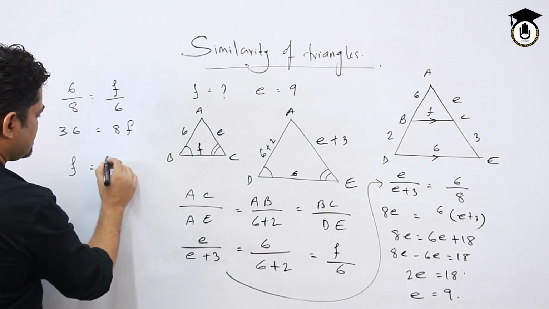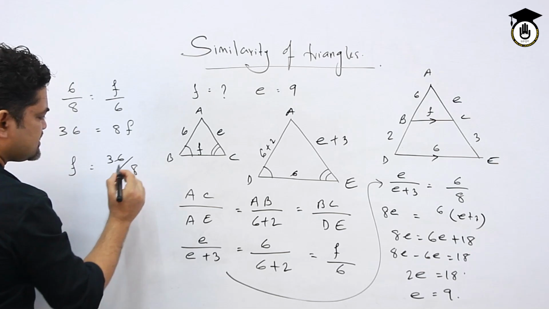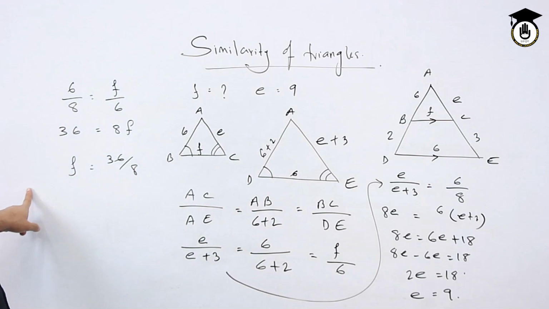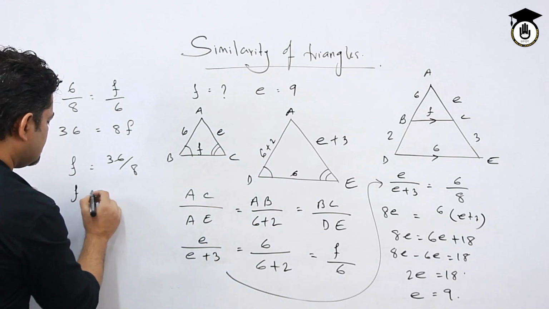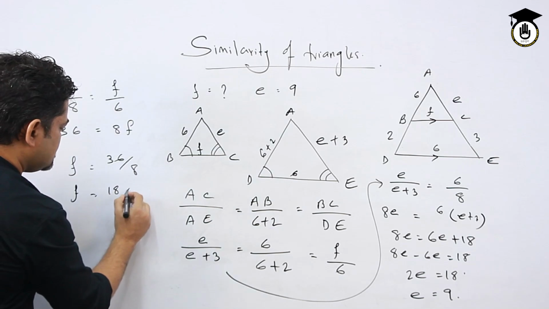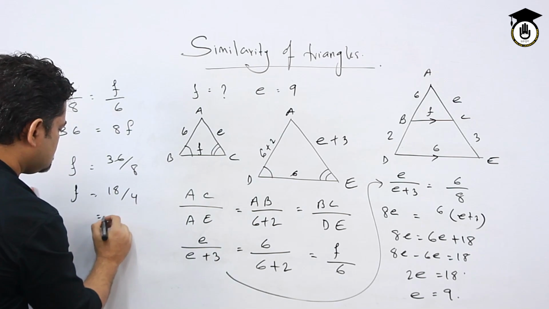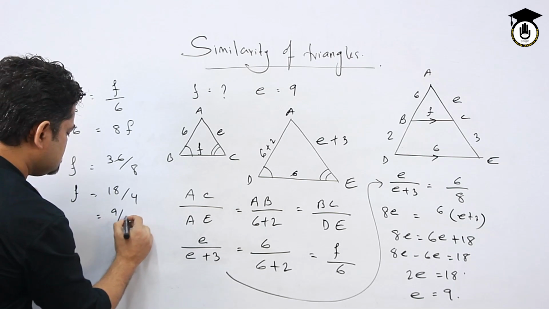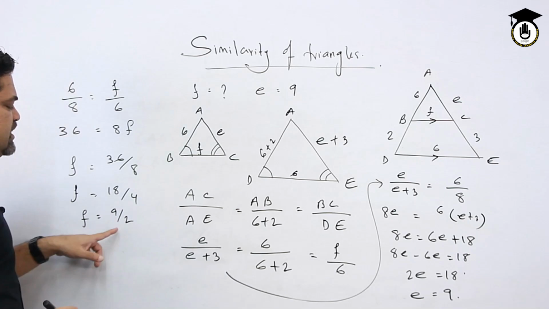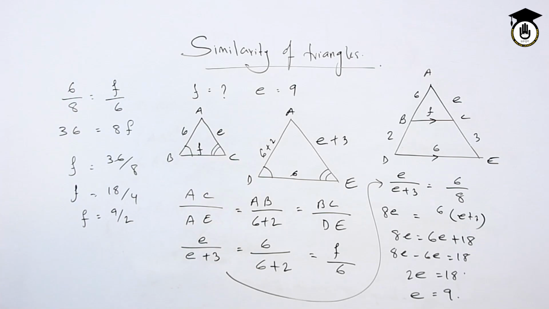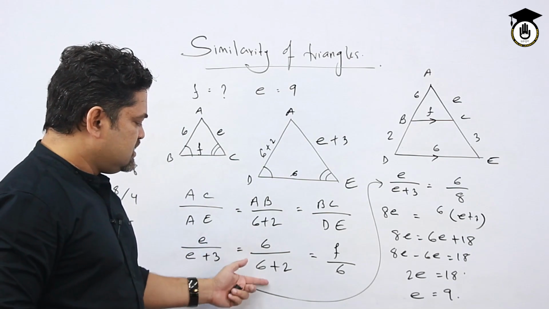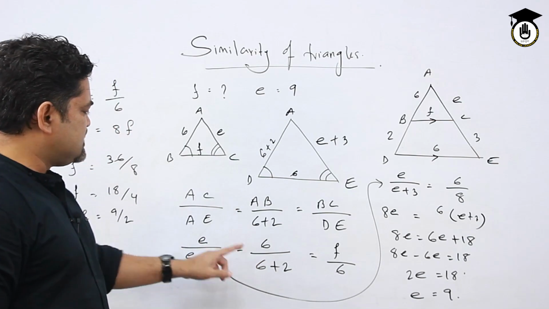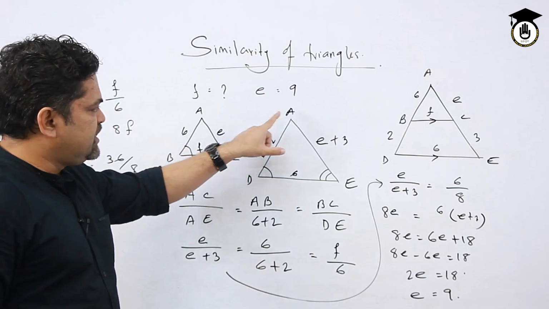So if I find out F, it's coming what? 36 by 8. Okay? So if you reduce the number to a lesser fraction, 2 18s are 36, 2 4s are 8, and again one more, 2 9s are 18, 2 2s are 4. So F it's coming, you can keep your answer in fraction form or else in decimal. No problem. So make the corrections again. 6 by 8 it's coming here because AB, where is AB?